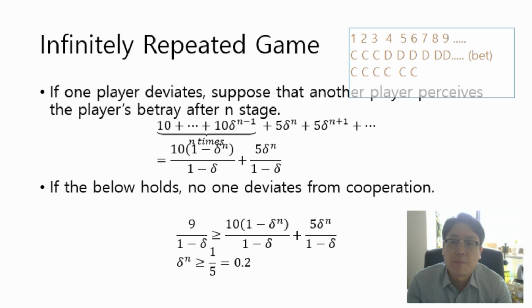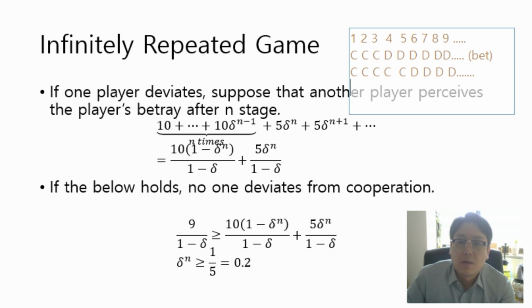After two times of playing this D strategy, this player perceives that the first player betrayed. So this second player now follows the green trigger strategy, playing D forever because the first player betrayed.